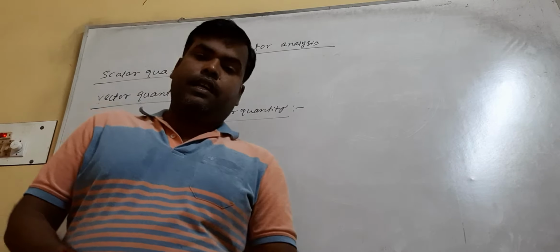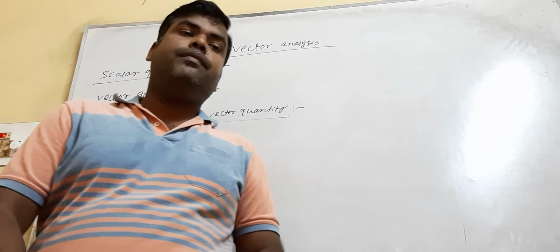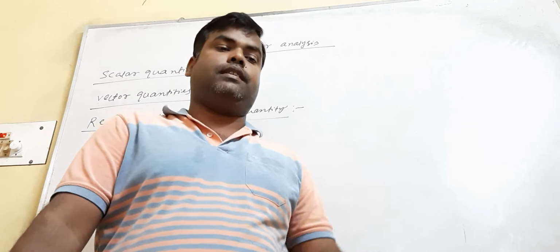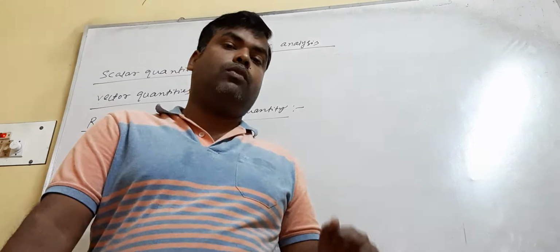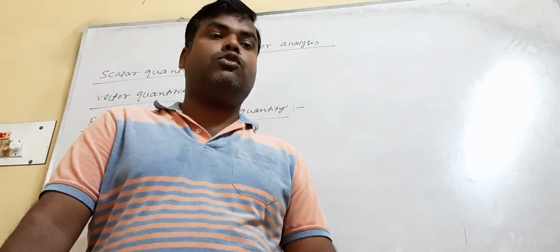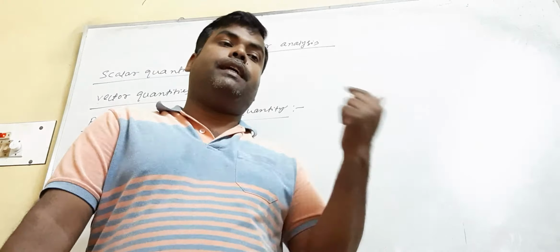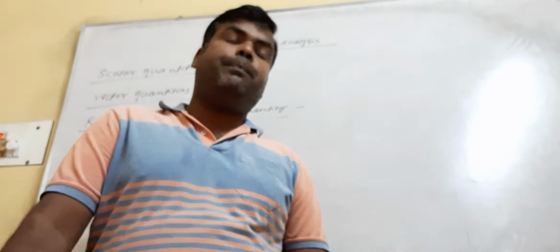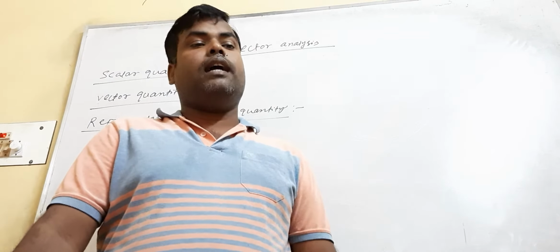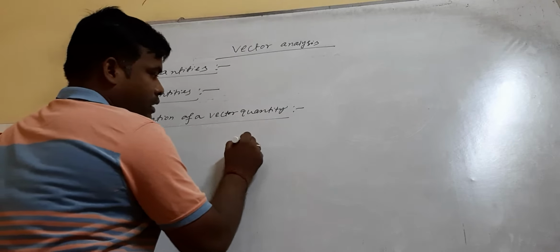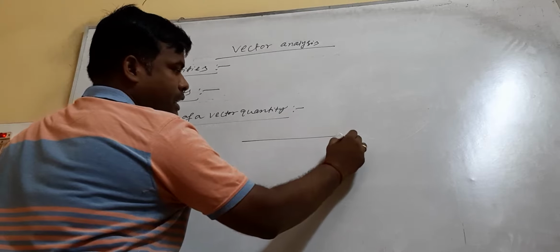You just learned that a vector quantity has both magnitude as well as direction. So we have to represent a vector quantity, means we have to represent its magnitude as well as direction. Let it be a vector.